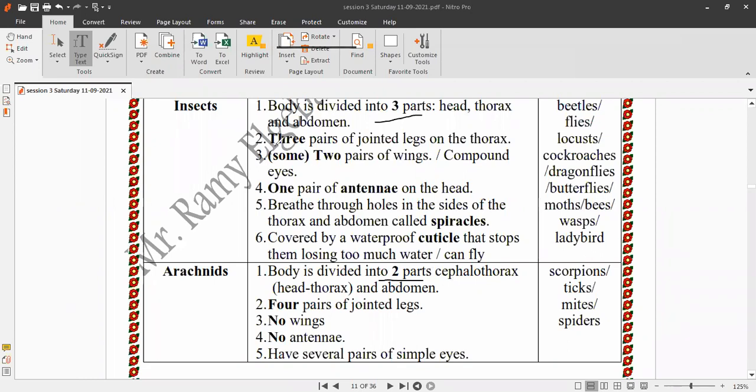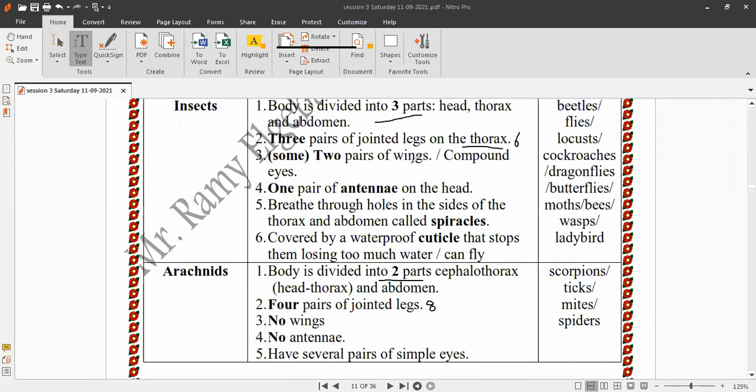Insects have 3 pairs of jointed legs on the thorax, but arachnids have 4 pairs of jointed legs. Here 8 legs, and for insects 6 legs. Focus again on the number of legs.